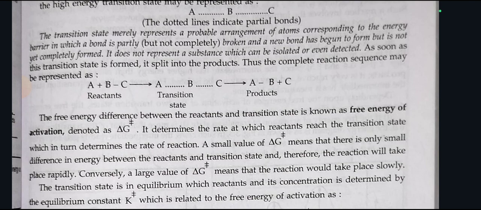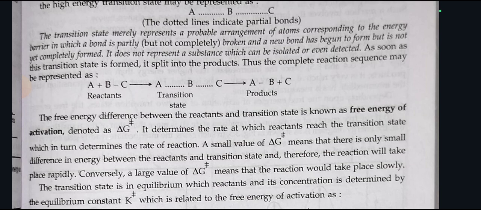The transition state merely represents a probable arrangement of atoms corresponding to the energy barrier in which a bond is partially but not completely broken and a new bond has begun to form but is not yet completely formed. It does not represent a substance which can be isolated or even detected. As soon as this transition state is formed, it splits into the products.